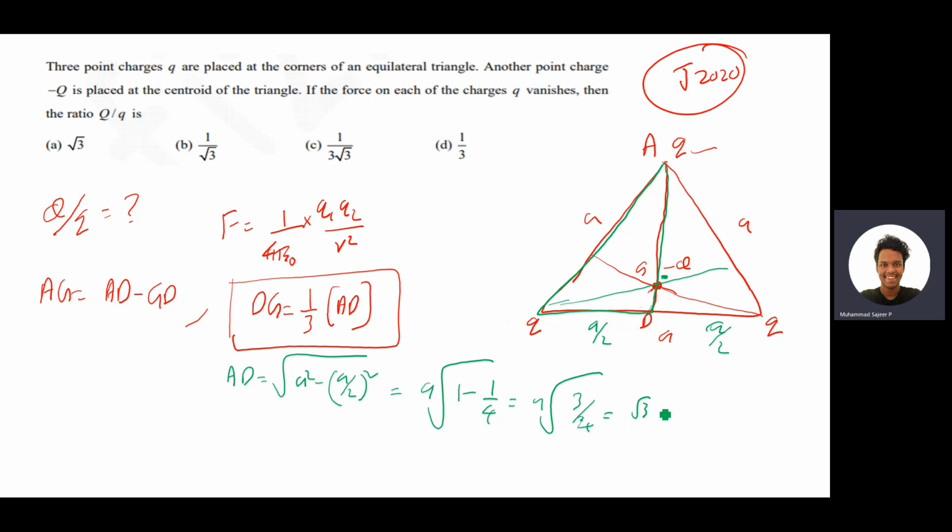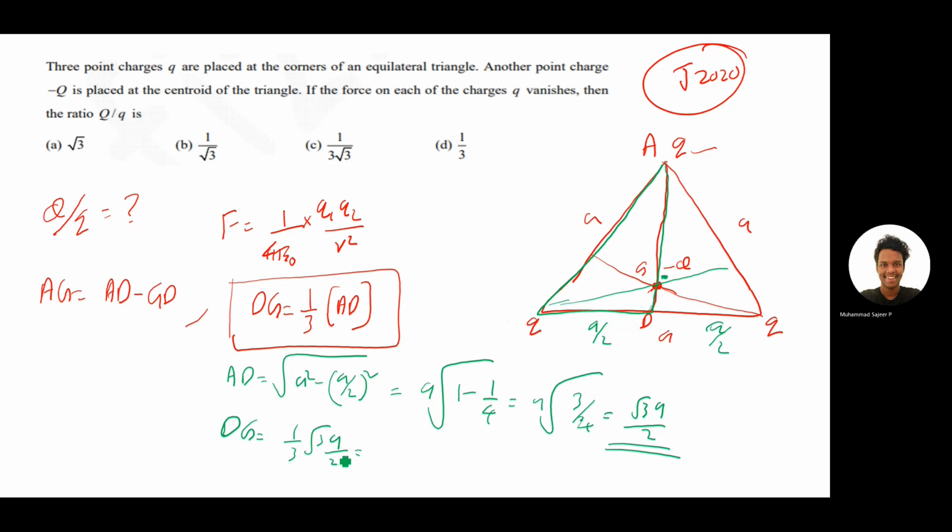So AD is root 3a by 2. Now DG will be 1 by 3 of root 3a by 2. The root 3 on top and the 3 underneath cancel, so we will have a by 2 root 3.